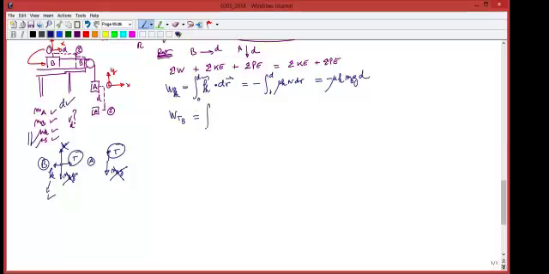So, by definition, this is going to be the integral from 0 to d of TB dot dr. I'm going to write TB to remind ourselves that it's the tension acting on B. What is the relationship between vector T acting on B and dr? That is, how are we going to do the dot product?